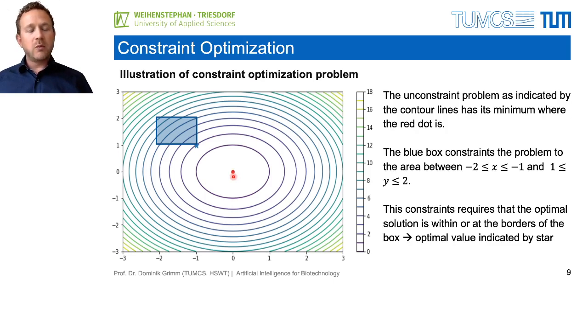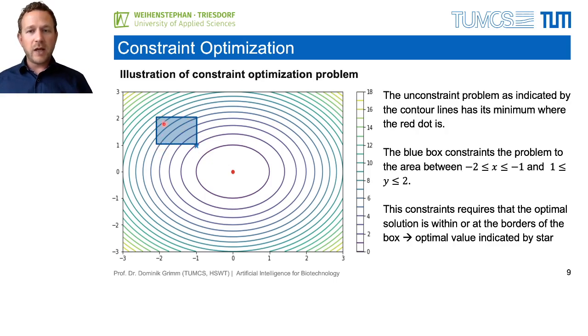However, we could also say we would not like to find the minimum of this function, but the minimum of this function that is within a specific area. Let's say this blue box, which you can see here, is an area between -2 and -1 on the x-axis and 1 and 2 on the y-axis.